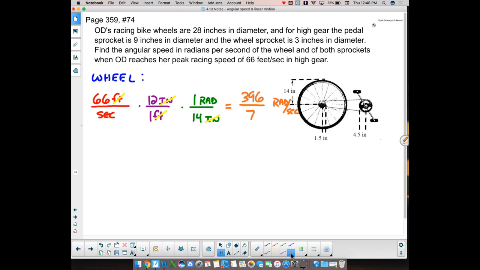Approximation: 56.571. Okay. Agree? Fantastic. Since we're on the wheel, let's find the wheel sprocket next.